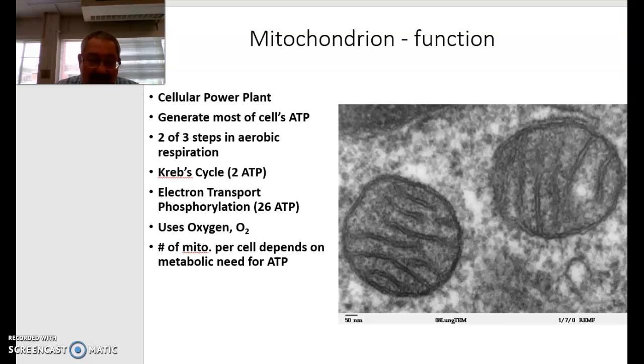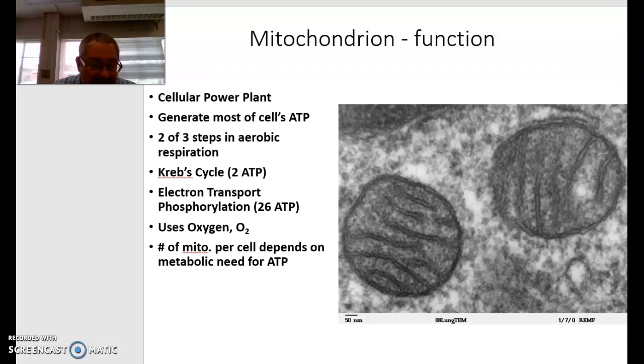When I say oxidized, I mean that oxygen is used and that organic molecules like sugars are broken down into their simple components like carbon dioxide. So the process of respiration, aerobic respiration, does use oxygen, and oxygen is used within the mitochondrion to generate the ATP that you see on the slide.